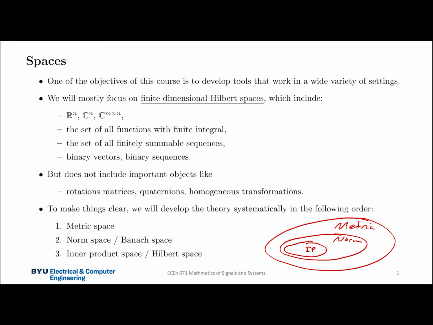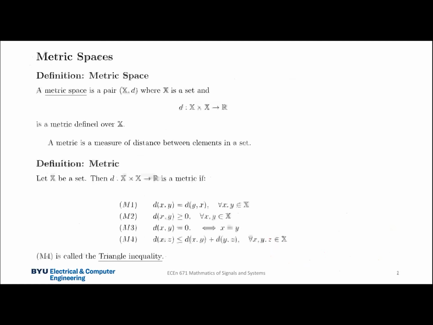So if we develop tools that are applicable to metric spaces, they're also applicable in norm and inner product spaces. But if we have tools that are specific to inner product spaces, they may not generally apply to metric spaces. We'll spend most of our time inside here, inner product spaces, but the next couple of days we'll spend developing some tools for metric spaces and norm spaces.